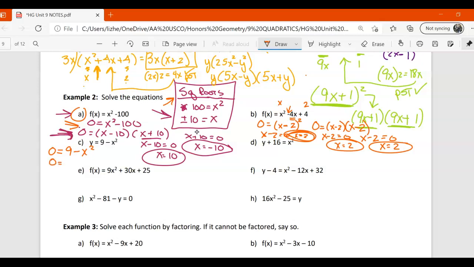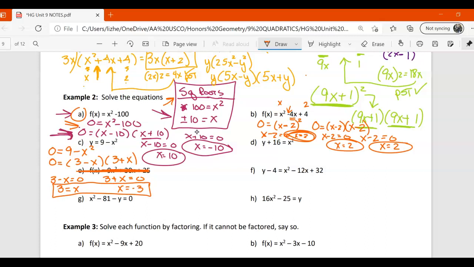So you're going to say 0 equals 3 minus x and 3 plus x. All right, and so now we use our zero property. That means 3 minus x equals 0. So therefore 3 equals x, or 3 plus x equals 0. So therefore x is negative 3. And we have our 2 answers for C.